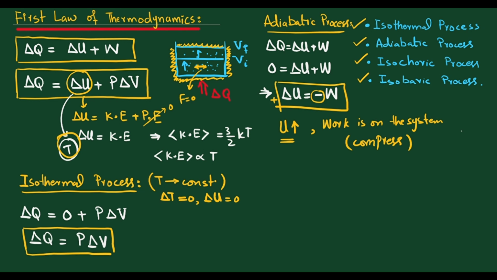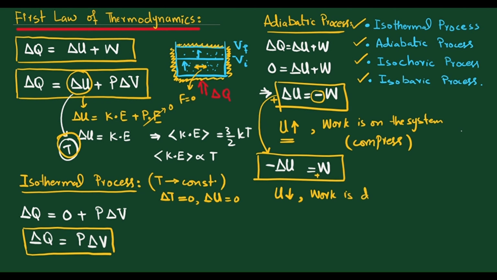We can also write this equation as: the change in internal energy negative is equal to work done positive. We place the negative sign with internal energy. If we place the negative sign with internal energy, it implies that the internal energy decreases, but the positive sign is here for the work done, and the positive work means that work is done by the system.